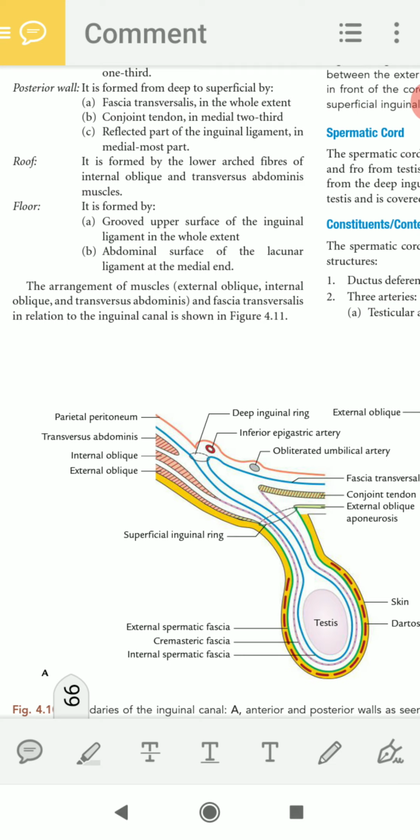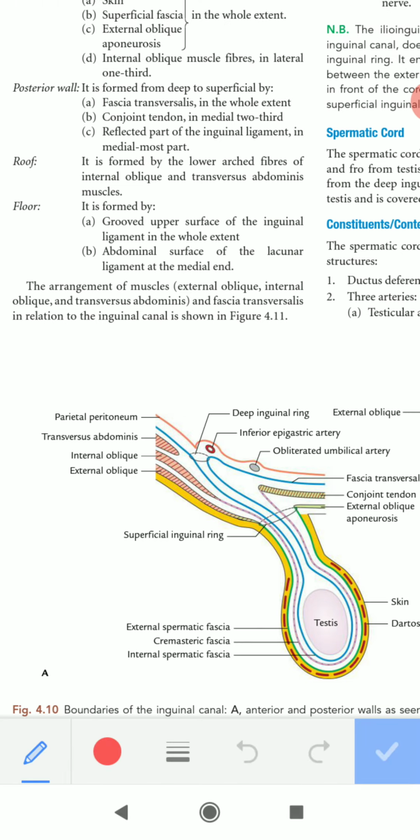What are the boundaries? The inguinal canal has two walls, anterior wall and posterior wall, a roof, a floor, and an inlet and an outlet. Okay. So let's start with the inlet and outlet. The inlet is nothing but the deep inguinal ring. The outlet is nothing but the superficial inguinal ring.